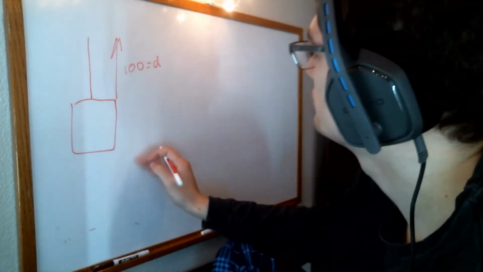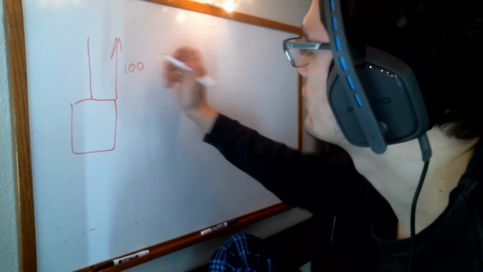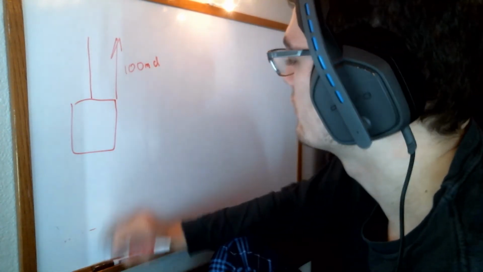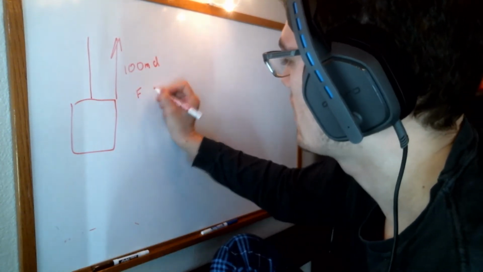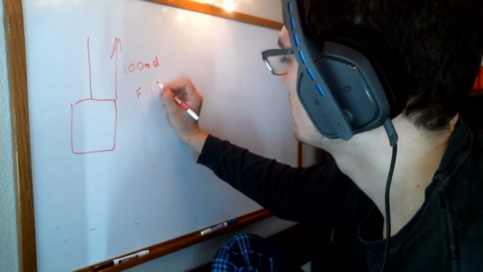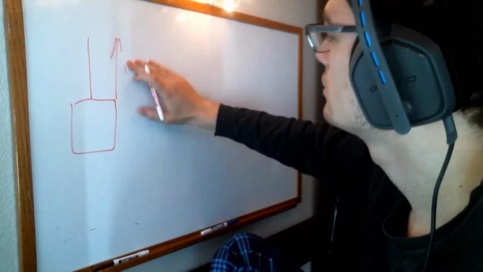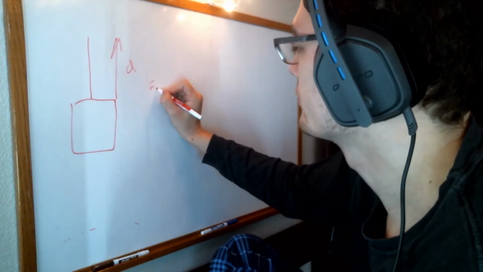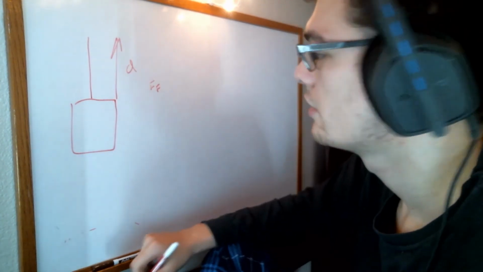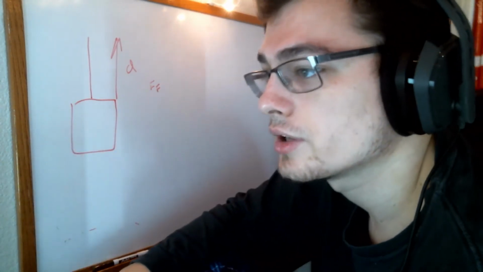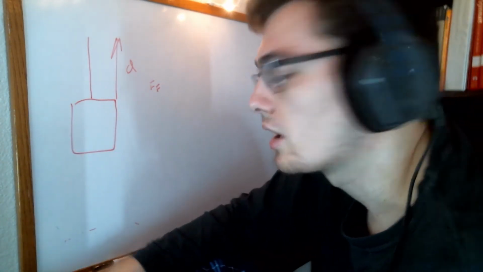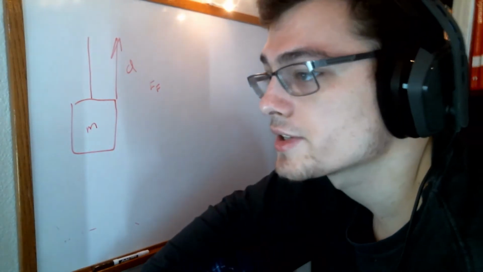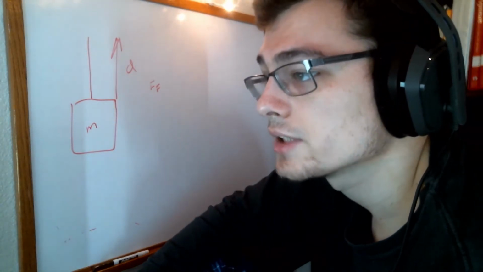Actually, let's do this without numbers. So this is D. We have our force of friction that gets exerted on the side of the elevator. And the elevator has some value for mass.